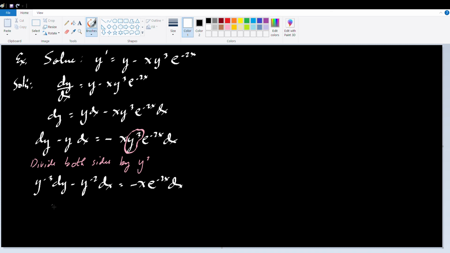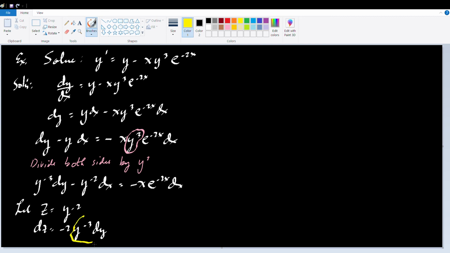Okay, and then let z be equal to y to the negative 2. So dz equal to negative 2y to the negative 3 dy.